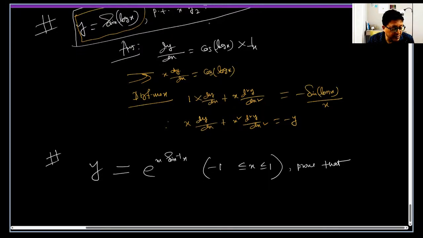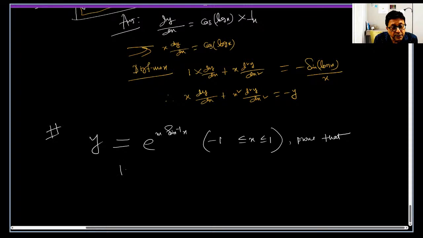Then prove that 1 minus x square y2 minus x y1 equal to m square y.